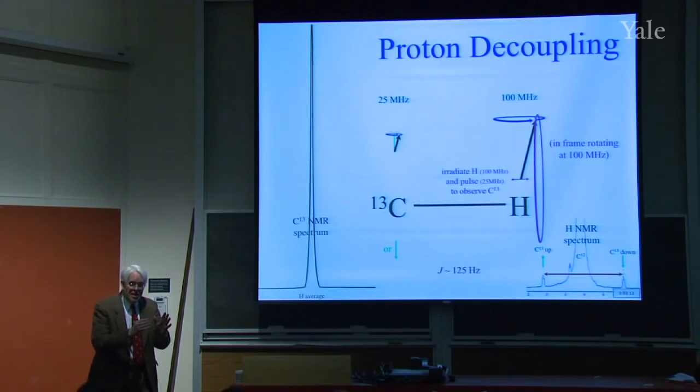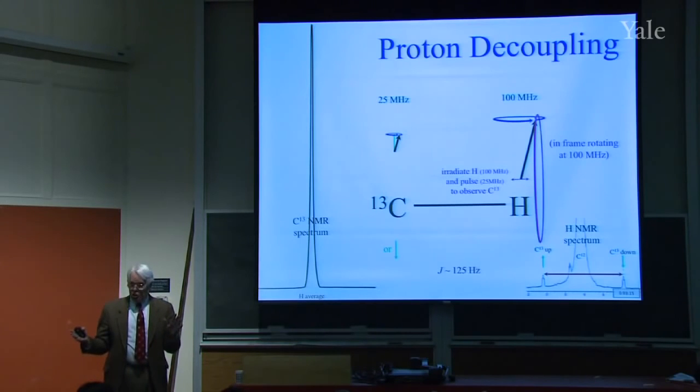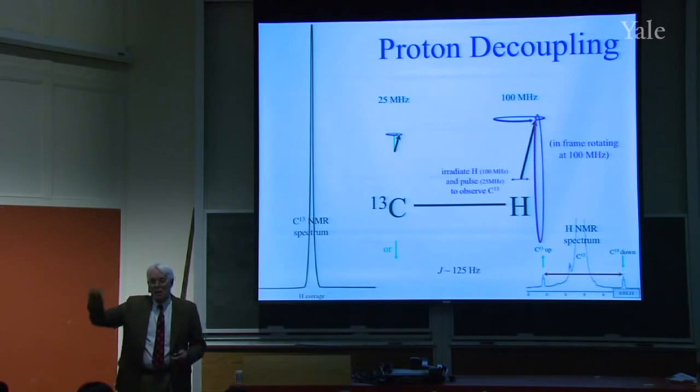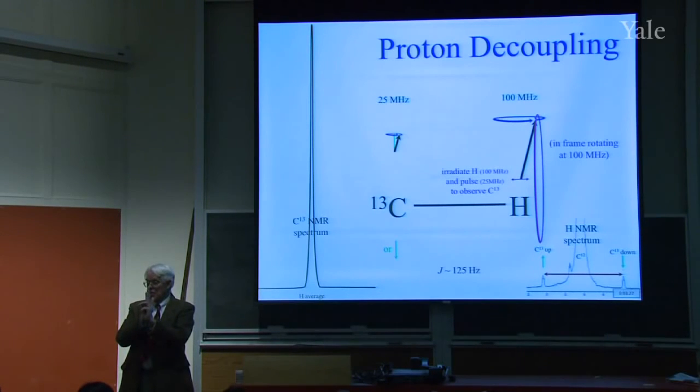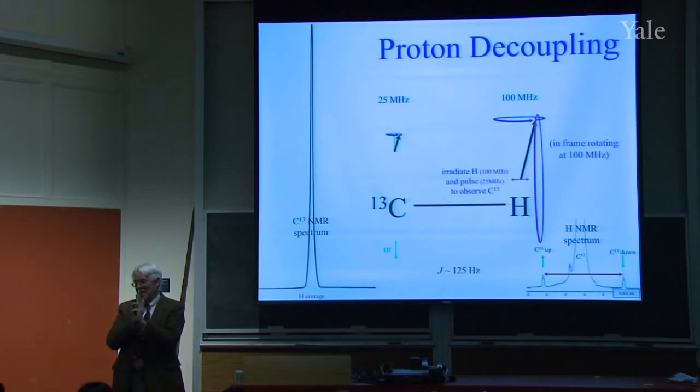We can see the C13 spectrum without the H splitting it by making the H's quickly go up and down. How fast do they have to go up and down in order to average the 125 hertz splitting to be nothing, to just be a single peak? How fast? Once you've had time to review the lecture, you'll be able to answer that.